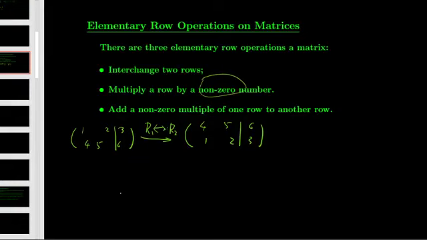So how about we just keep on going. From here to here, I performed the operation of interchanging row 1 and row 2. It's also permissible to multiply a row by a non-zero number. Now listen to me carefully.